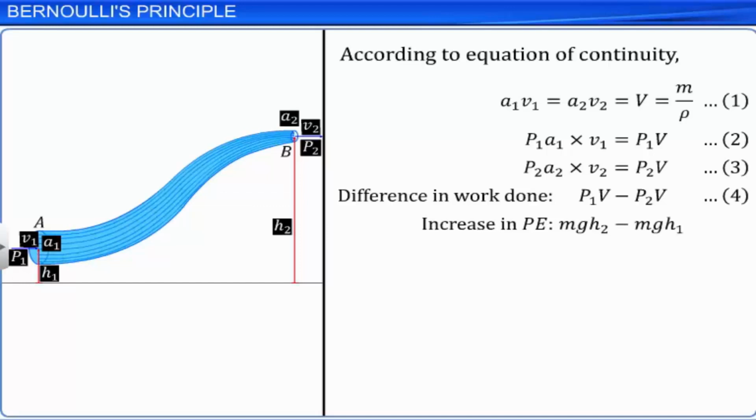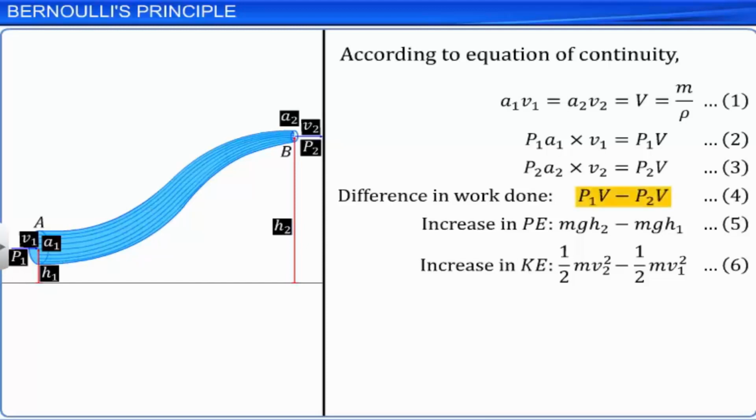Let this be equation 5. The increase in kinetic energy per second from A to B is expressed as half mv2 square minus half mv1 square. Let this be equation 6. According to the work energy theorem, work done is the sum of the increase in potential energy and the increase in kinetic energy.